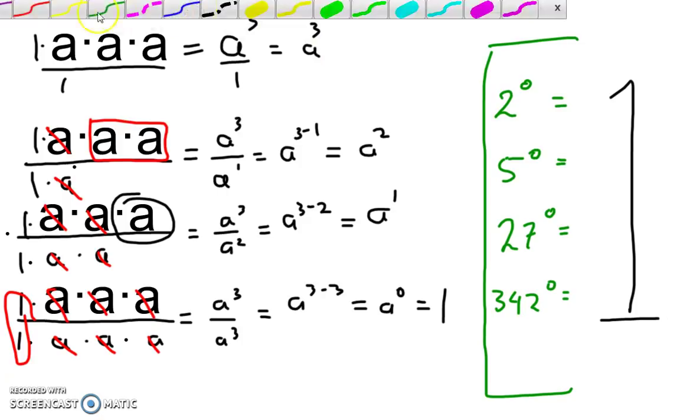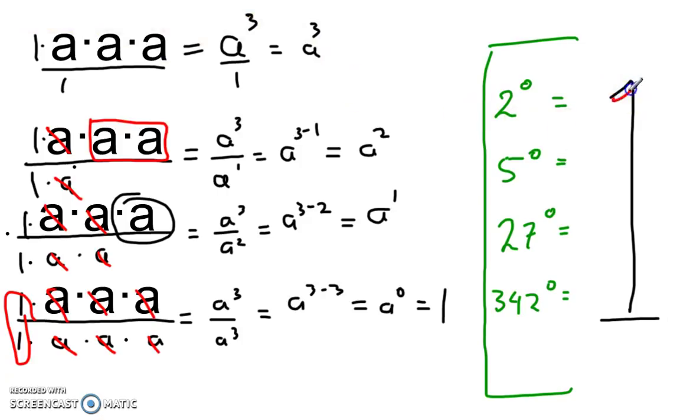All of these equal 1. Highlight that, mark that. Anything to the 0 power is 1, because that means you're dividing by as many as you're multiplying by, because the exponents really just tell us what kind of multiplication is happening.